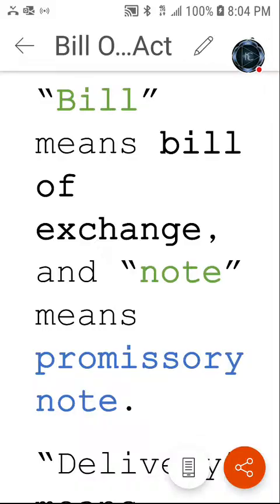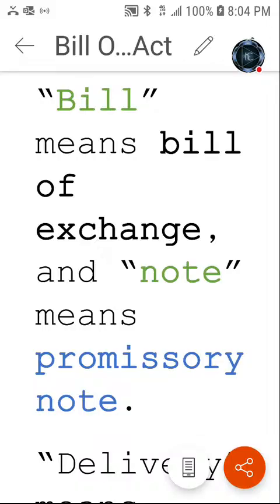And I'll go even further to give you an in-depth understanding. A note is a notice as well. A notice is a note. It's a promissory note. I'll give you a good example.